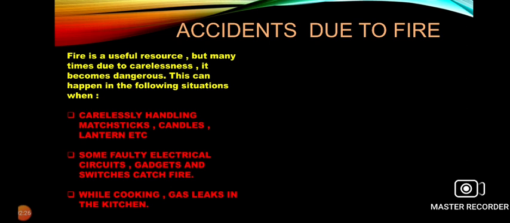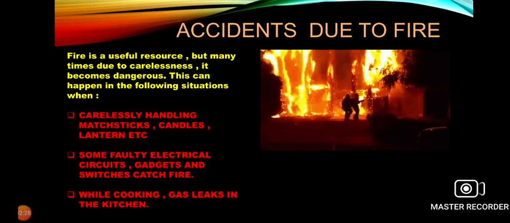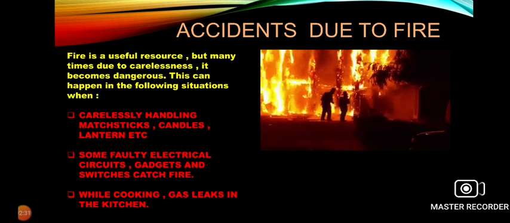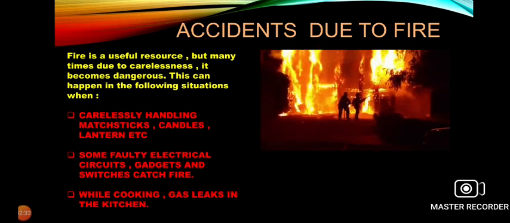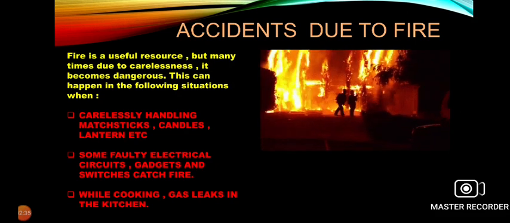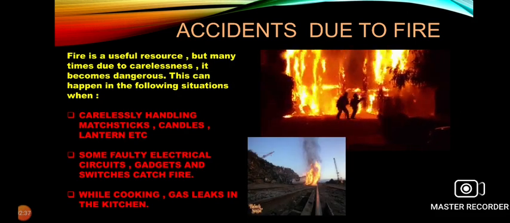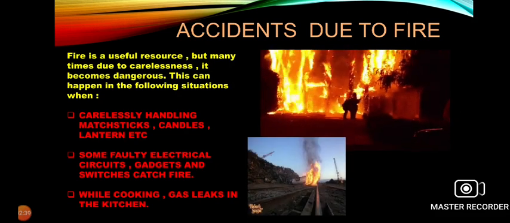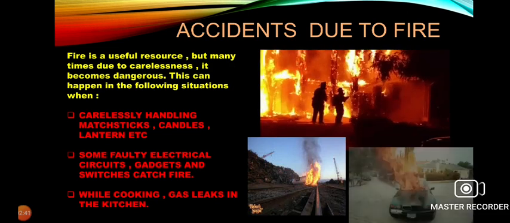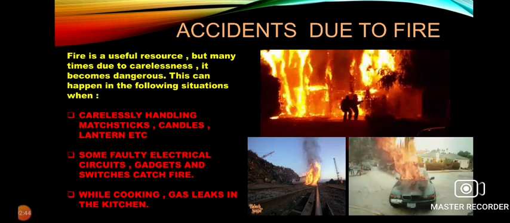Now, fire is a very essential resource, but many times we see that due to carelessness, the fire itself becomes very dangerous. And how does fire become dangerous? It can happen in the following way.